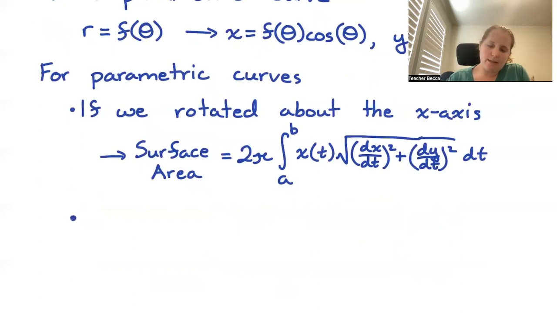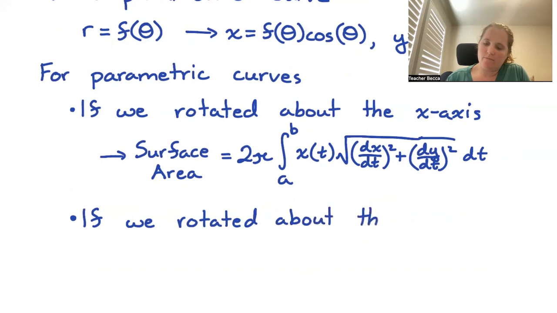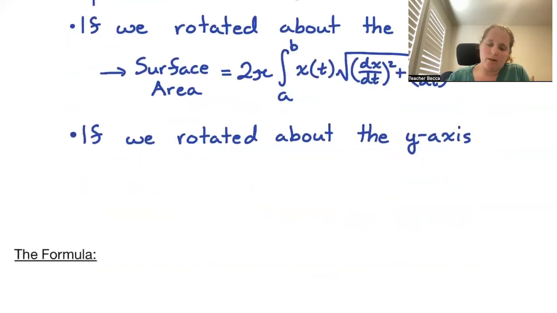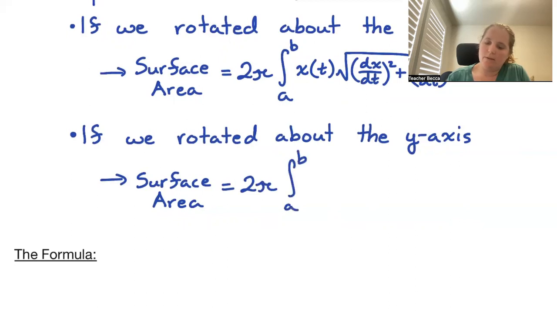And if we rotated about the y-axis, we had surface area equal to 2 pi times the definite integral from a to b of y of t times, sorry, I have these backwards.